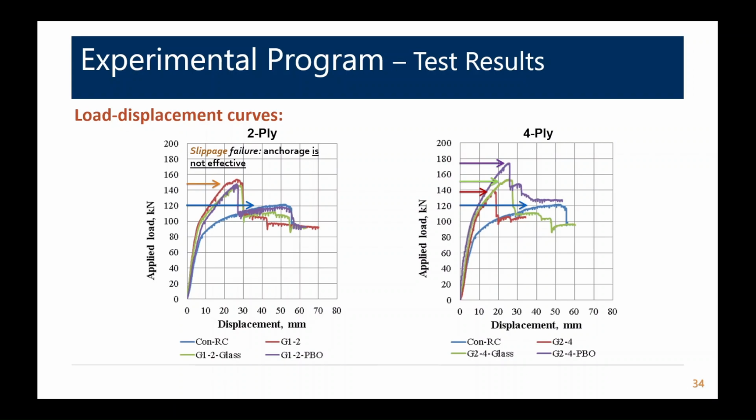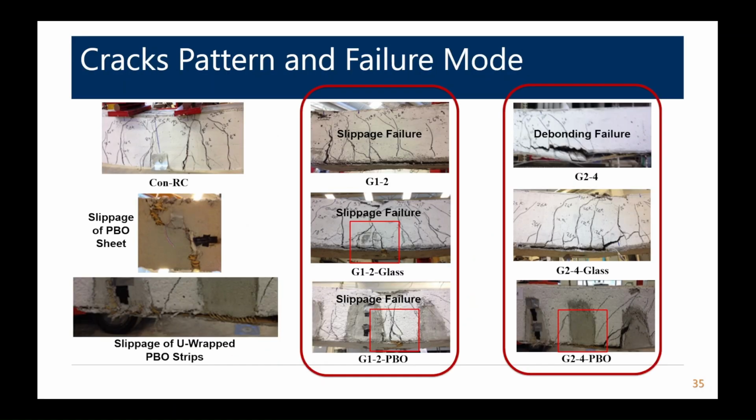So this is where we start to see the anchoring system become effective, in particular when you have the debonding failure. So one takeaway, for fiber slippage and debonding, it's important to have a feel for what type of reinforcement ratio you have with the FRCM system to understand what type of anchoring system might work.